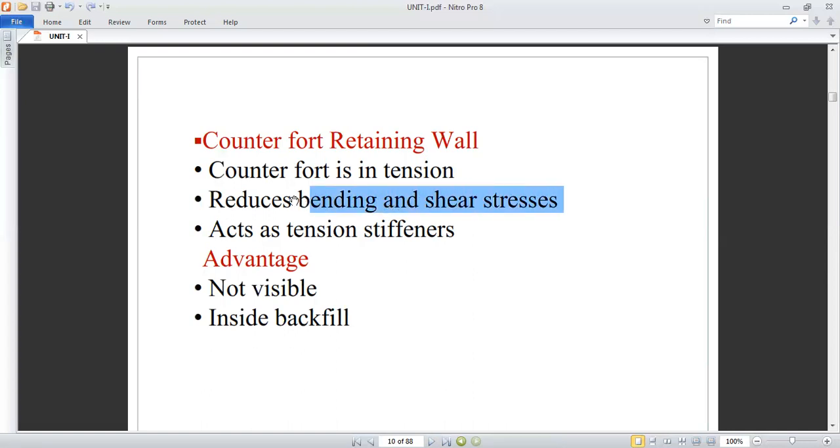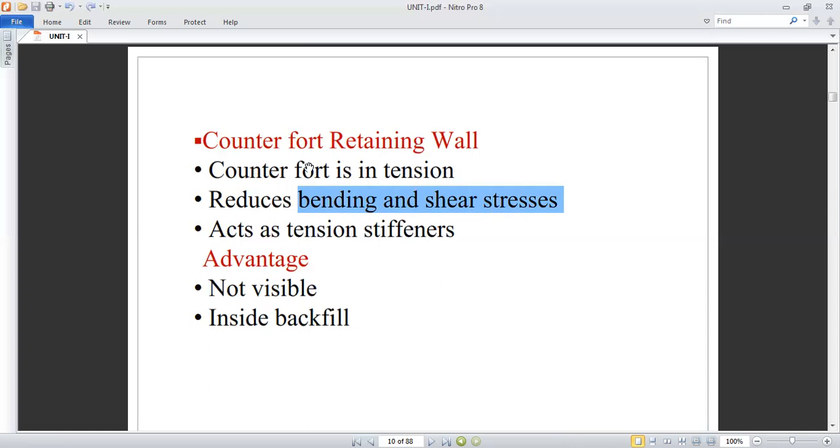So what are bending and shear stress? The bending happens because of your external load. Shear happens at your support because of your external load. How do you calculate stress? That is nothing but load by area, that is, a load applied over a particular area.